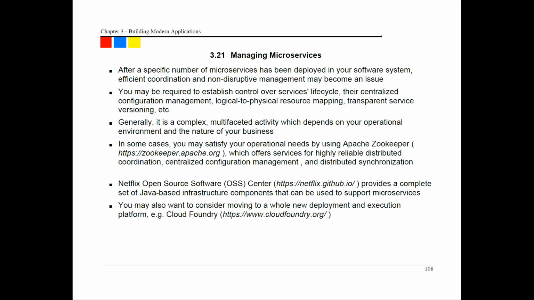The Netflix open source software suite includes things like the Eureka service discovery platform, the Ribbon local load balancer, and Hystrix to implement something called the circuit breaker pattern. So there are a lot of good resources at Netflix.